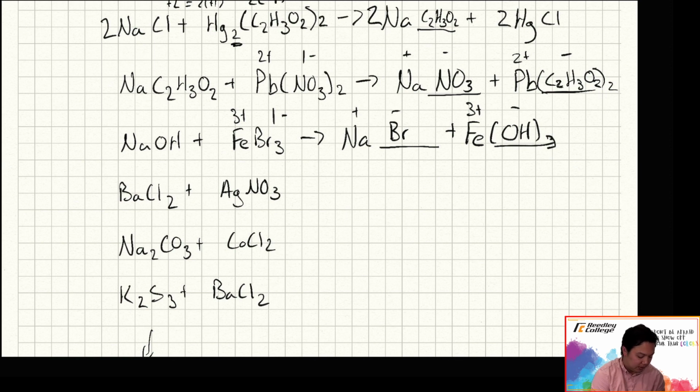We need 3 of those on the left. So we now have 3 hydroxides, and we have 3 sodiums. So we're going to take our sodiums, and we're going to say there's a 3 over here. That gives us 3 sodiums and 3 sodiums, right? 3 and 3. And then we have bromine. Now we have 3 bromines, and on the left side, we have 3 bromines. So we're perfectly balanced there, just as Thanos wanted.